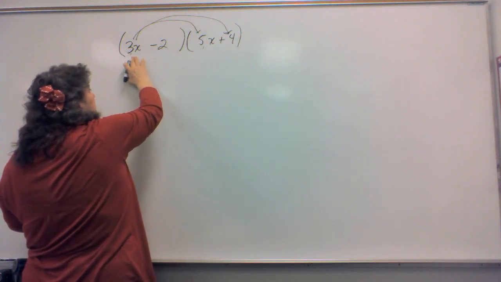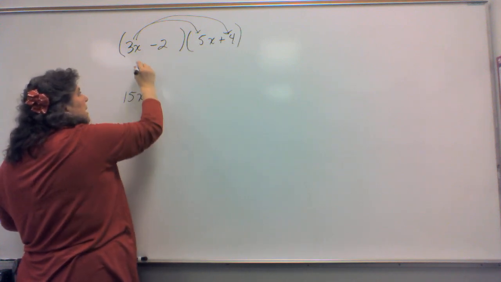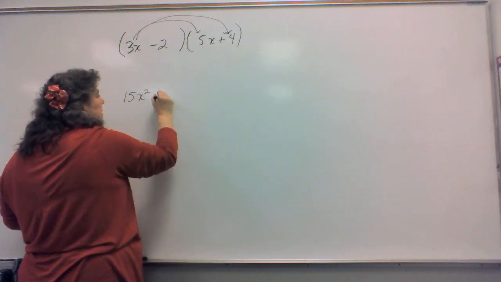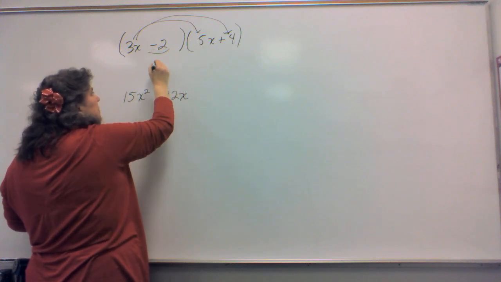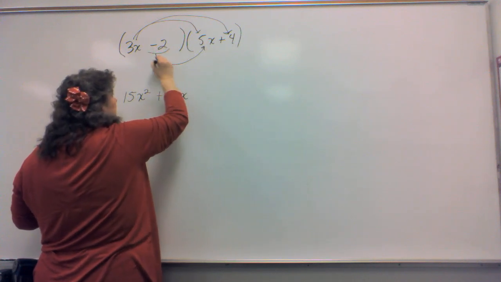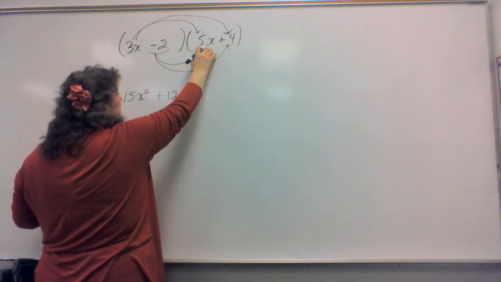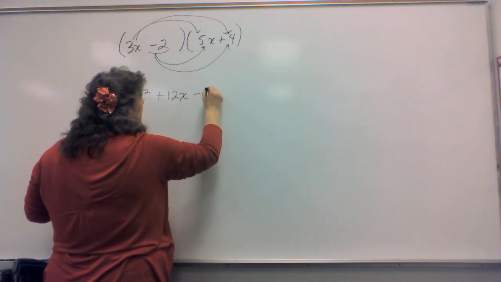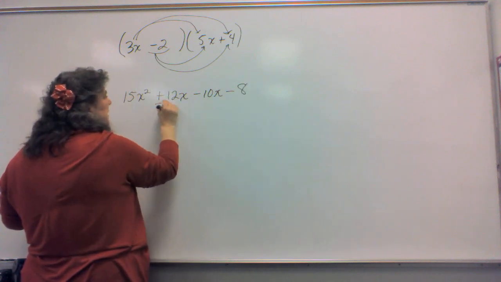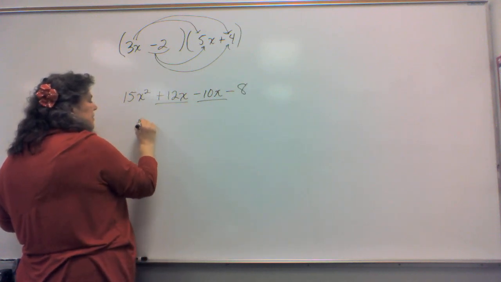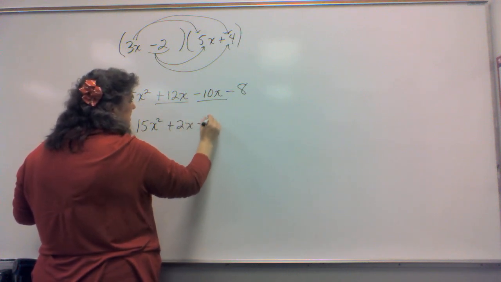So 3x times 5x is 15x squared, and 3x times positive 4 is plus 12x. And then we're going to take our negative 2 and distribute it to the first one, and then distribute it to the second one, which gives me negative 2 times 5x is minus 10x, and then negative 2 times 4 is minus 8. And again, combine your like terms, so you have 15x squared plus 2x minus 8.